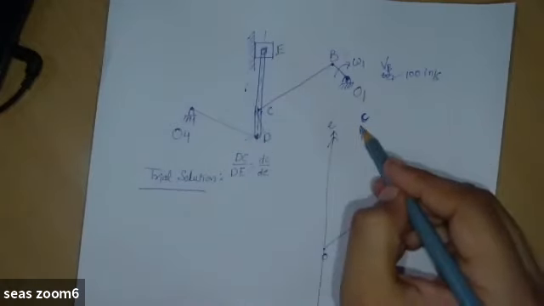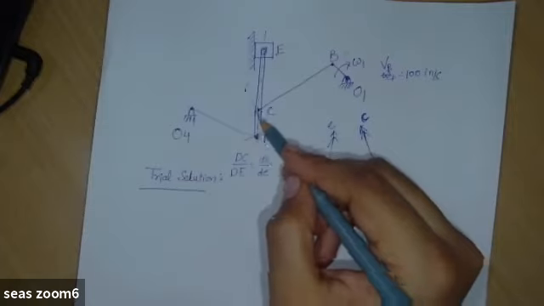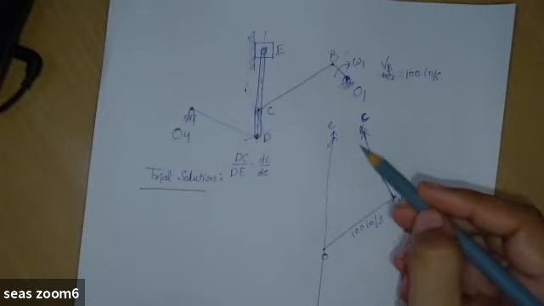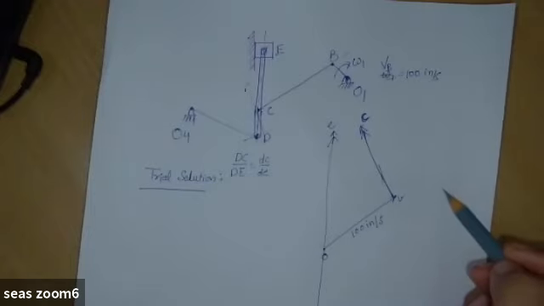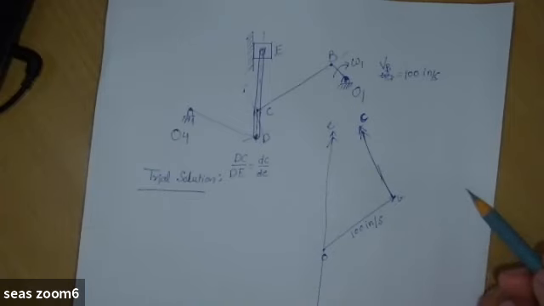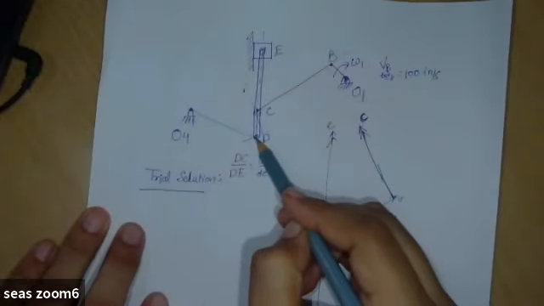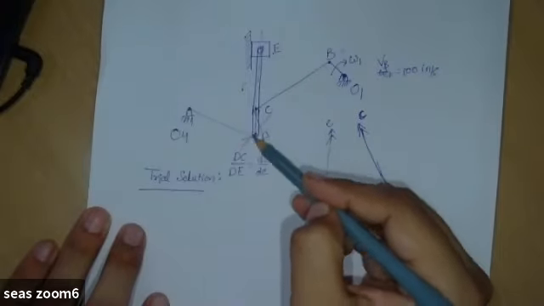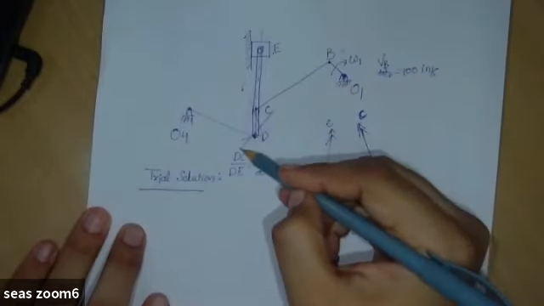So if I draw a line which is perpendicular to this CD, this will help us in finding out the point D. Now also, you can say the velocity of point D is perpendicular to this length O4D, and because we know this point O, we know that the velocity of D will be perpendicular to this.